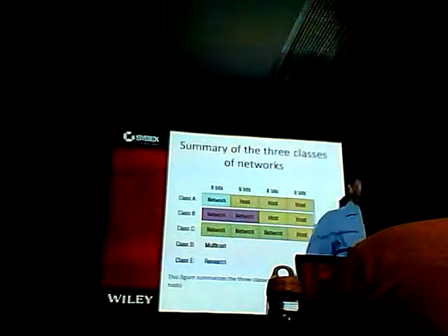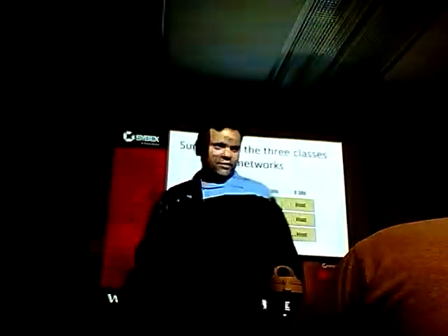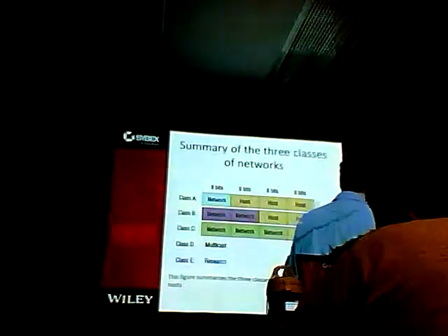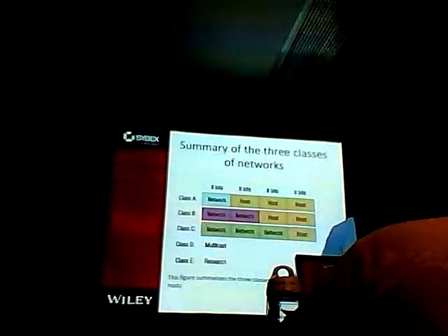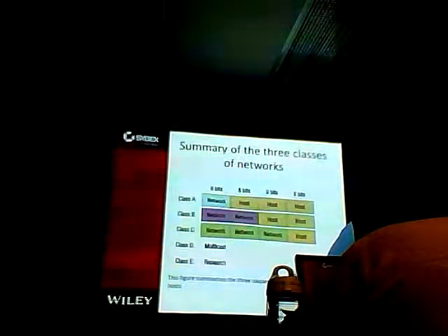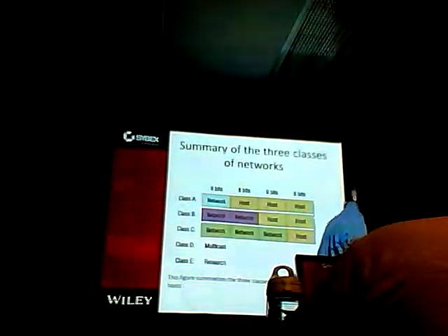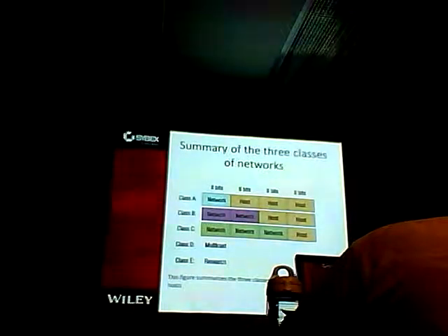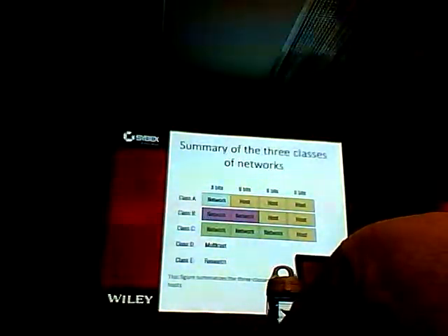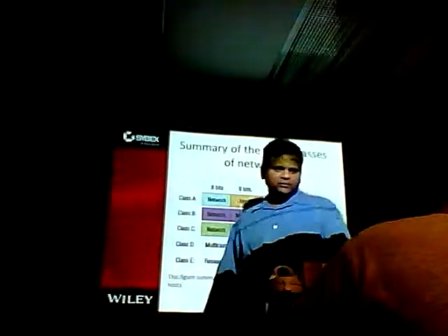That's the class A range. 127 is the loopback address, so 1 to 126. Then class B, up to 191.